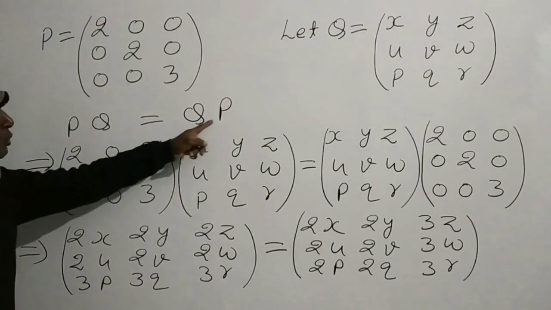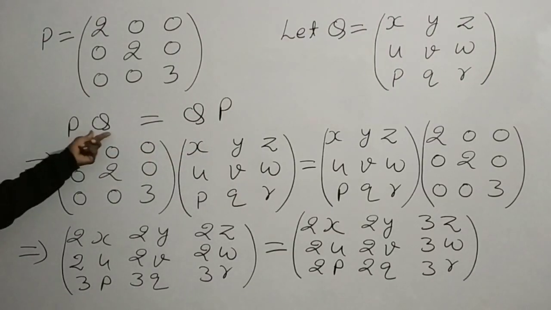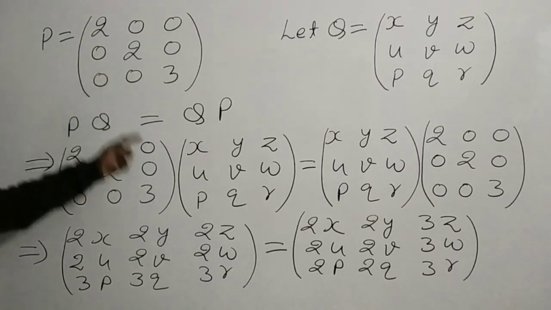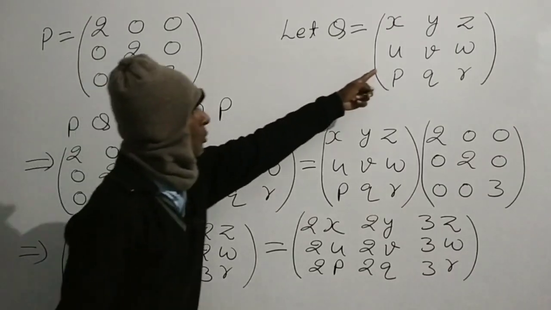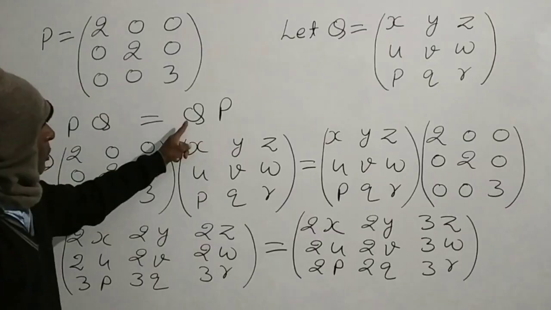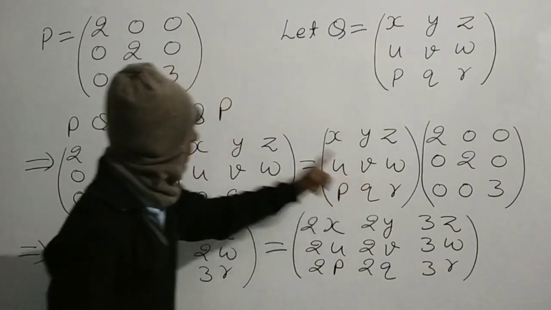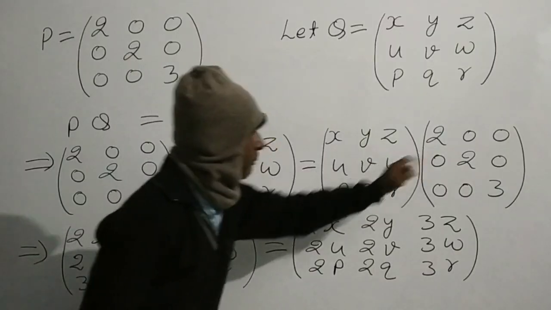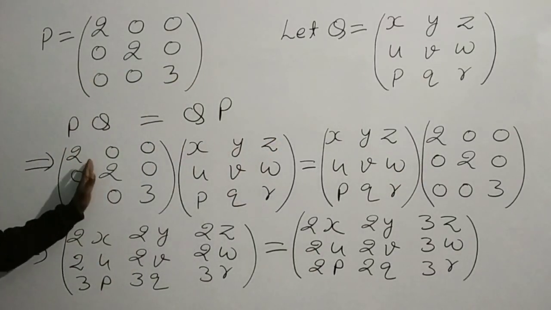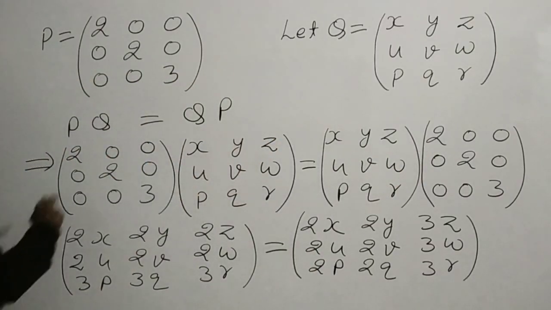PQ is equal to QP. First P, then Q is equal to first Q, then P. Now we multiply this matrix with this matrix.